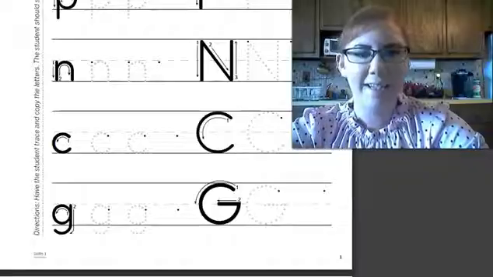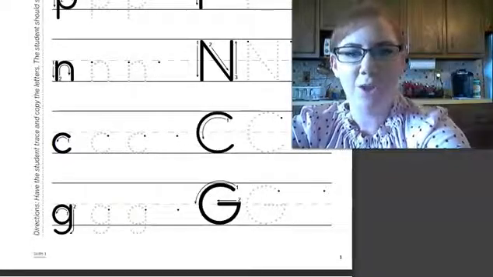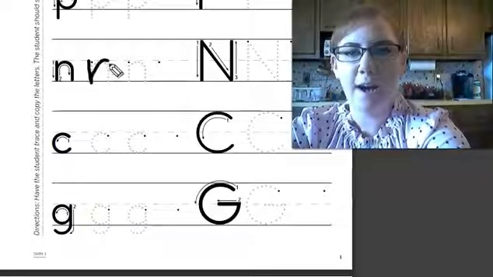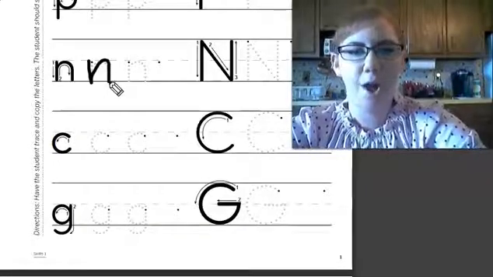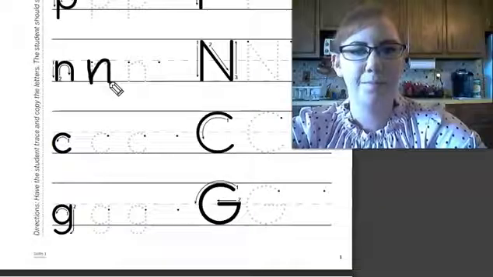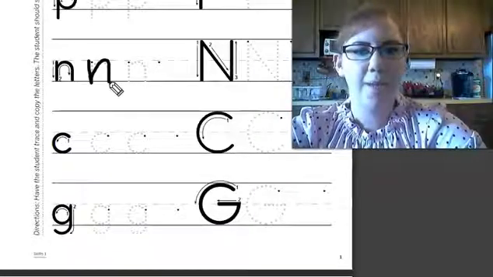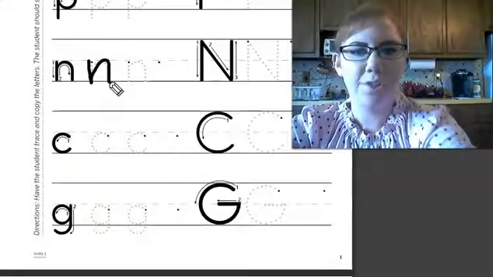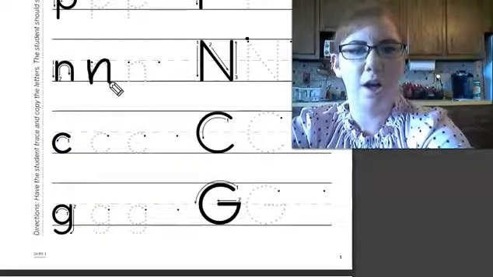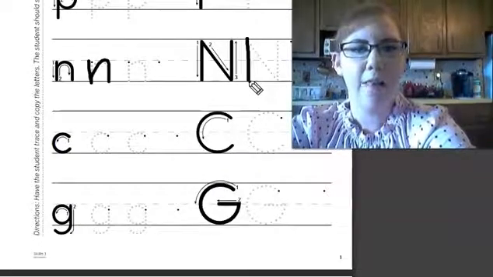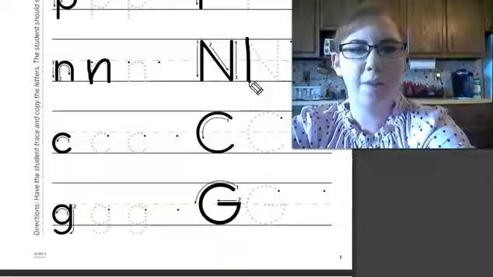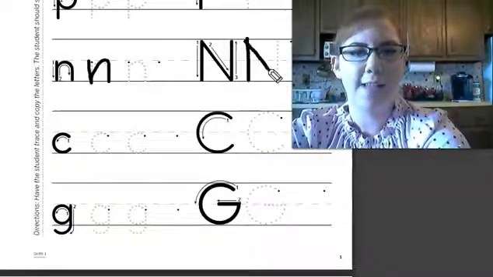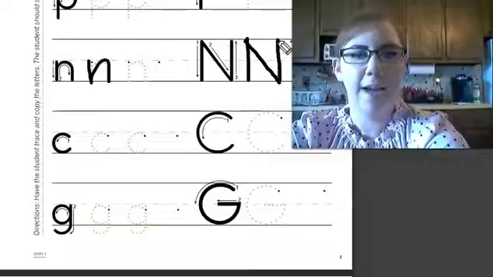Next is N. For N, draw a short line down and a hump. This stays below that dotted line in the middle. For the capital letter, you start at the top and draw a long line down. Then you have to lift your pencil up, go back to the top and draw a diagonal and a line back up.